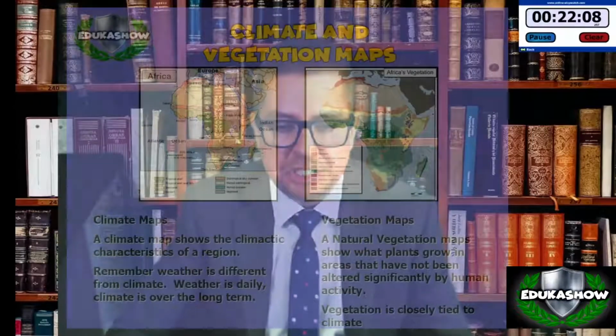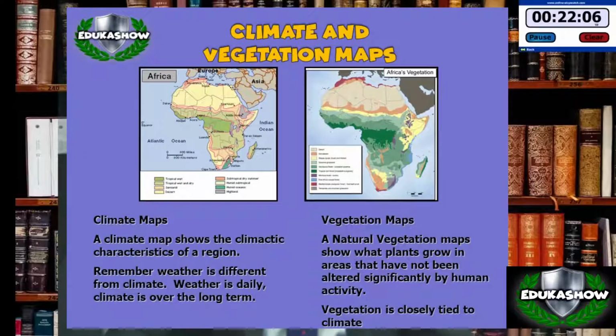And in the other case, you're looking at Africa's vegetation in the right map, which of course has its own legend also, and every single color represents a different kind of vegetation in that map. So very interesting and very important. Every time you see a map that has these characteristics or features, you're going to know right there that we're talking about a vegetation map.